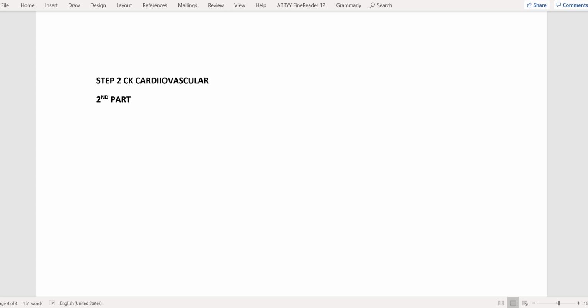So now we're talking about the second part of the cardiovascular system for Step 2 CK. If you are a 60-year-old male who just had an MI and I did a stent on you, after that you presented with a painless purple mottling of the skin on both feet.